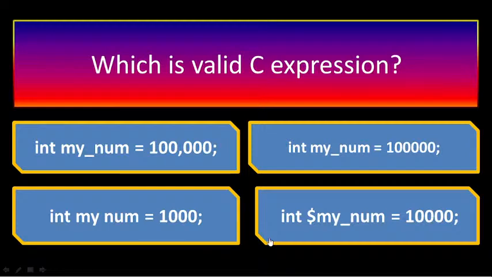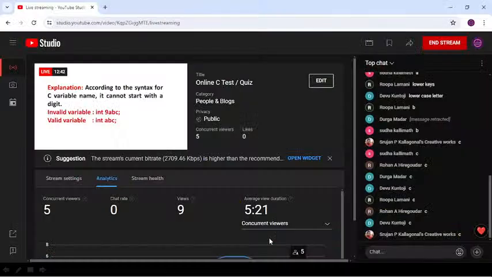So from these four, which one is the correct expression in C language? You have to select the one. That's your answer. Yes, very good. C is the correct answer.